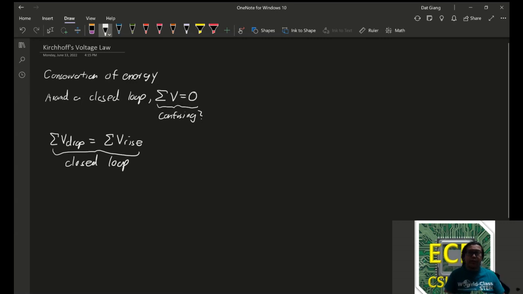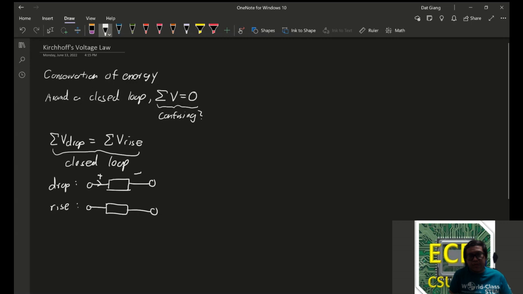This gives us a much better idea of what Kirchhoff's voltage law is really about. Now, recall that a drop just means for an element, the current sees positive first, whereas for a rise, the current will see a negative first.